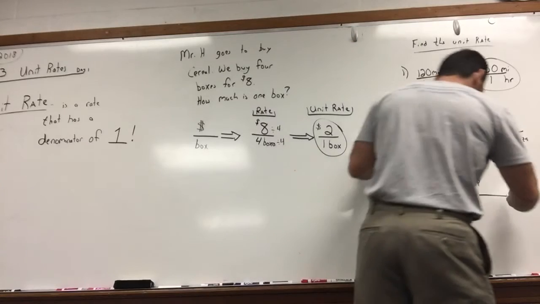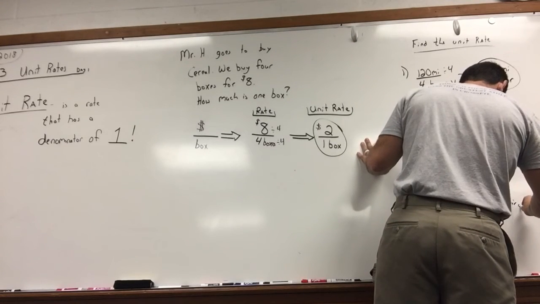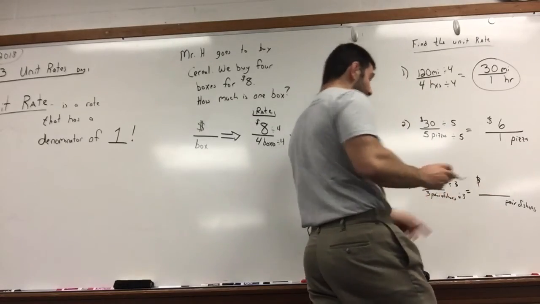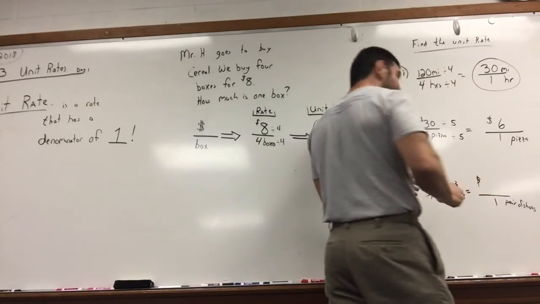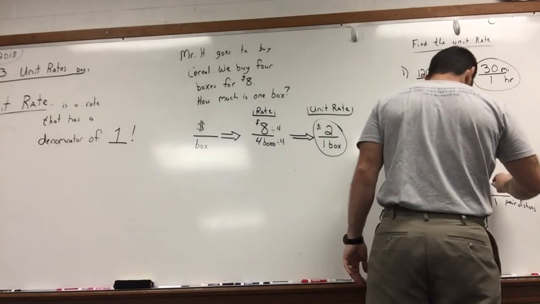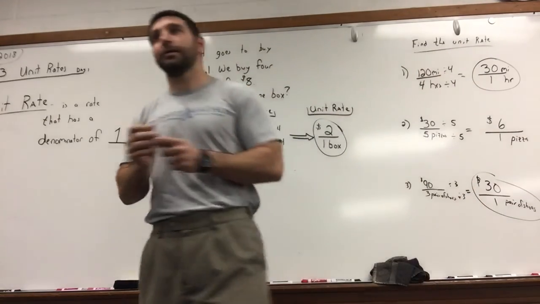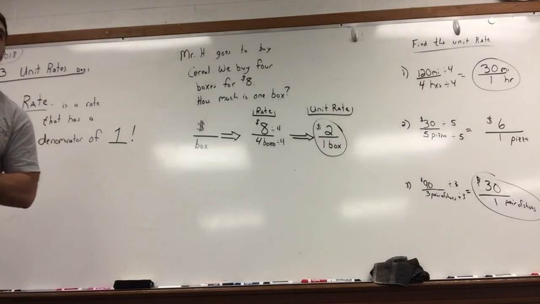Pair of shoes. So 3 divided by 3 is 1 pair of shoes. 90 divided by 3 is $30. So it's $30 per 1 pair of shoes. Questions? Anybody? Unit rate. Good.